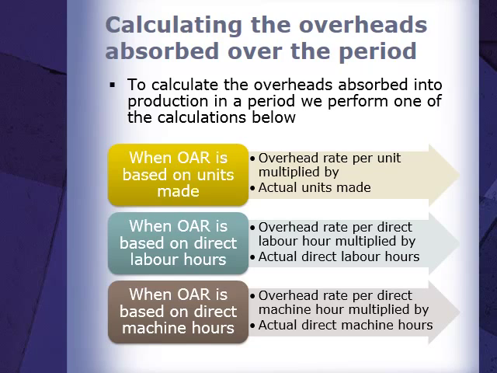When it's based on direct labour hours, we'll take our overhead rate per direct labour hour and multiply that by the actual direct labour hours worked in a period. Or, lastly, where our overhead absorption rate is based on machine hours, we'll take the overhead rate per machine hour and then multiply that by the actual direct machine hours.